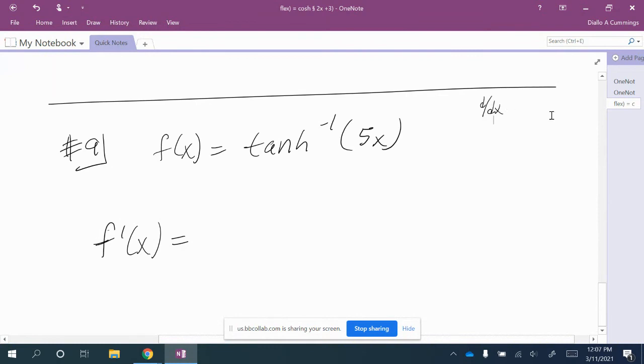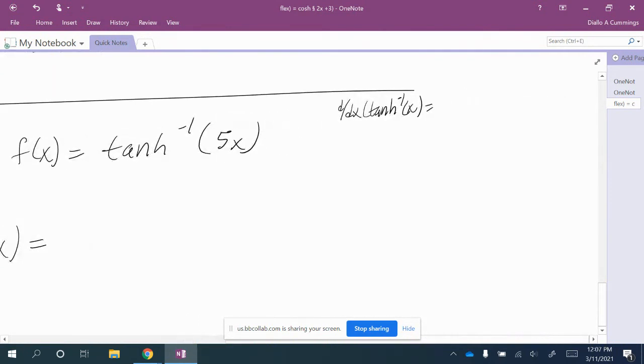The derivative for the inverse of the hyperbolic function of tangent x is 1 over 1 minus x squared. So keep in mind, this is the derivative for x. We have 5x, so we must make a substitution.